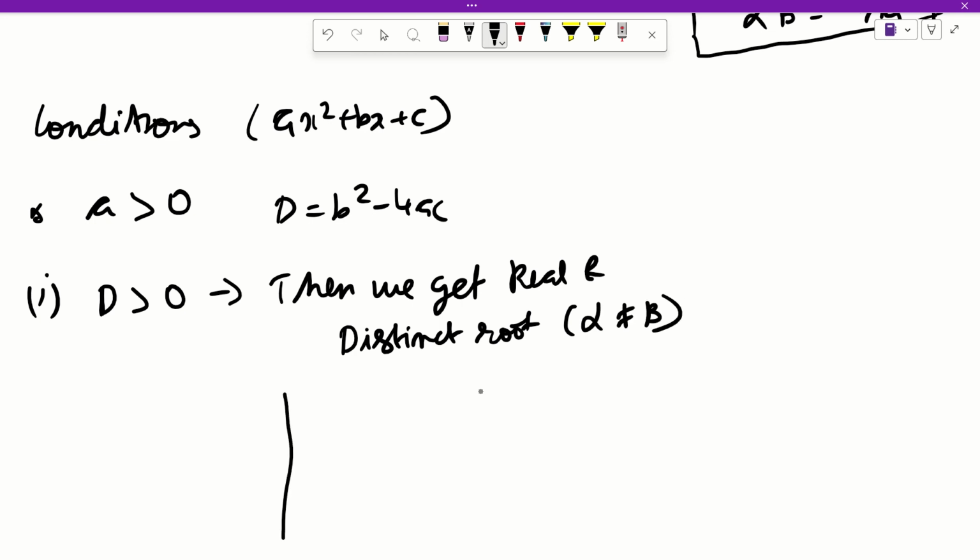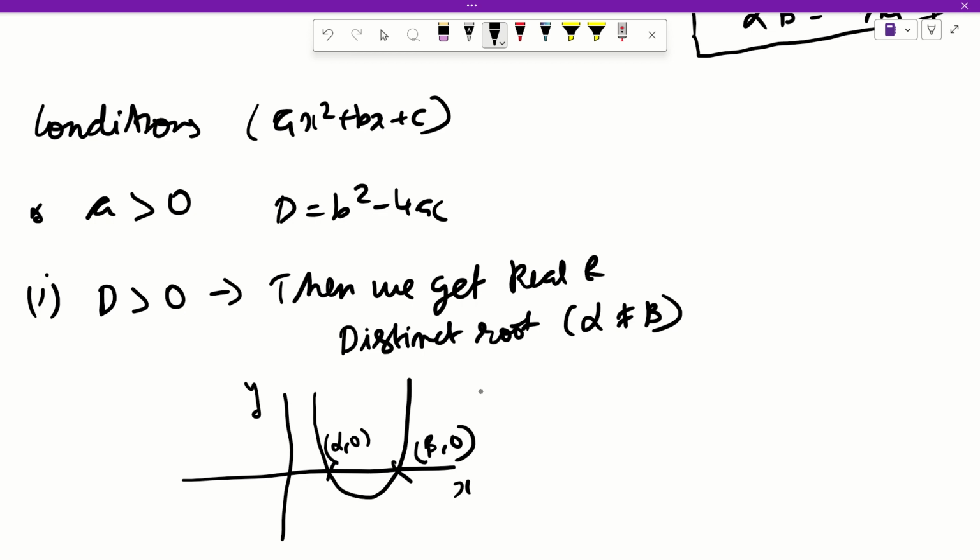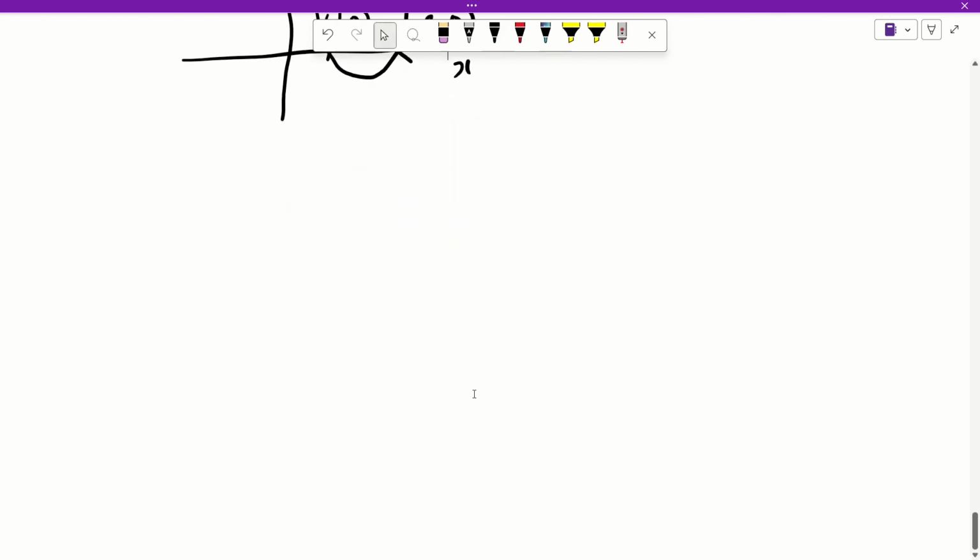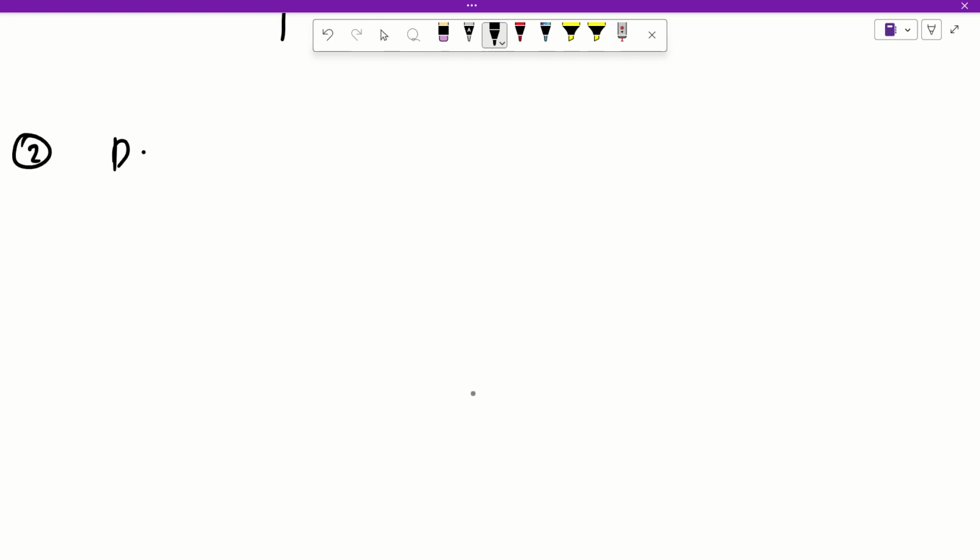Then the graph will be like this: x and y, where this point will be alpha comma 0 and this point will be beta comma 0. Okay, this is the first condition. Second condition is D equal to 0.